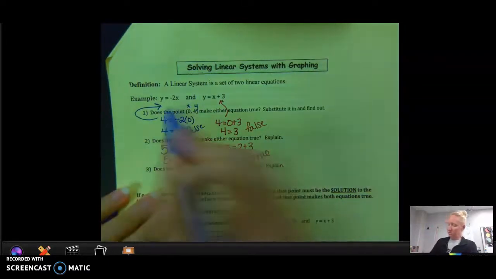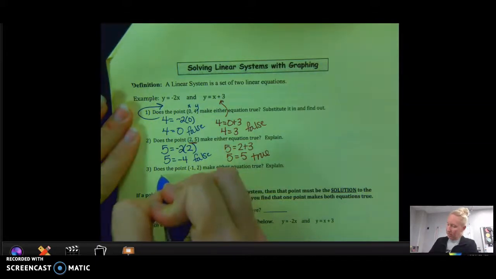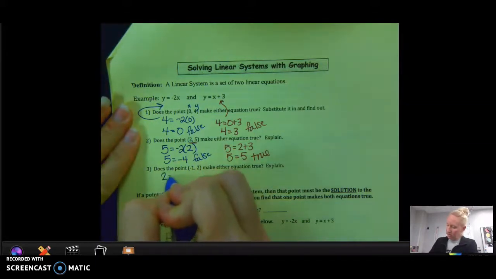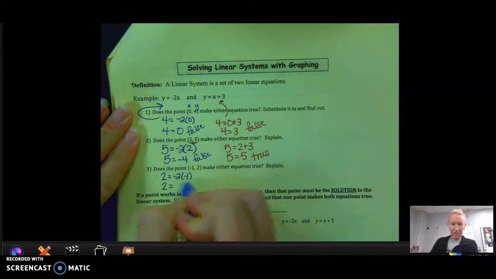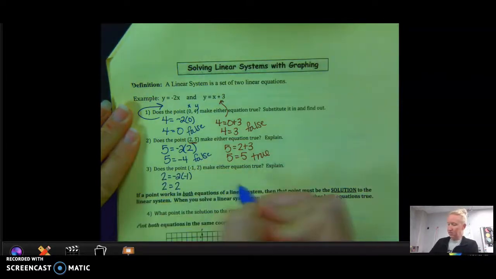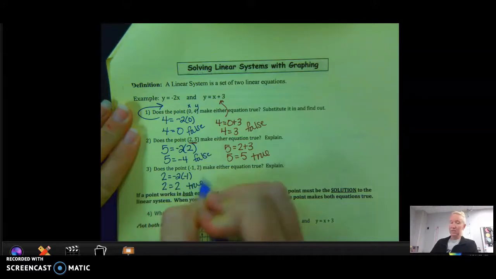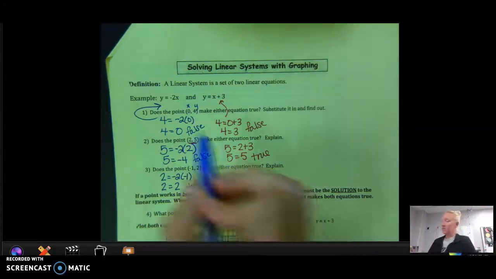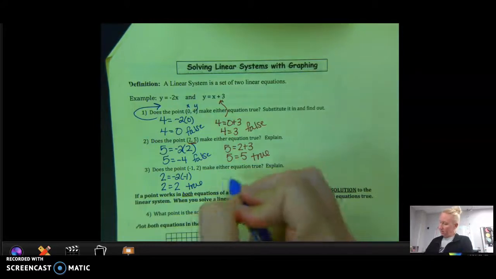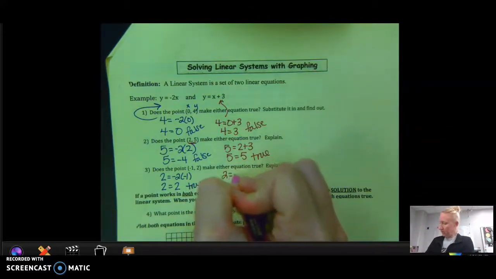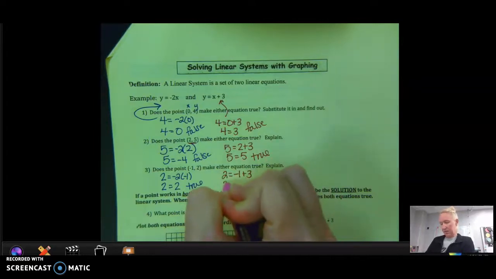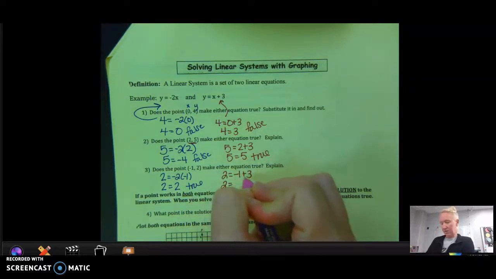All right, let's try the last one: (-1, 2). Same thing. Plug it into the first equation. I get 2 equals negative 2 times negative 1. Two negatives make a positive when I multiply, so that equals 2. That is true, so the point (-1, 2) lies on this line. Then I plug it into the second one. I get 2 equals negative 1 plus 3, which is also 2.